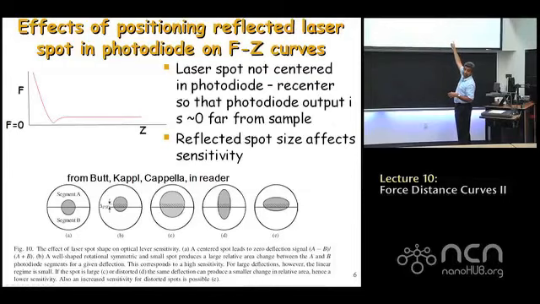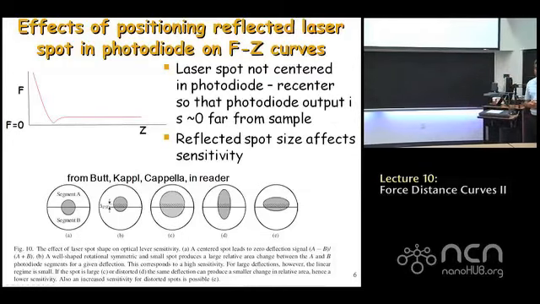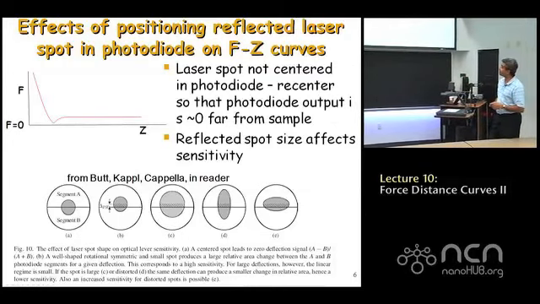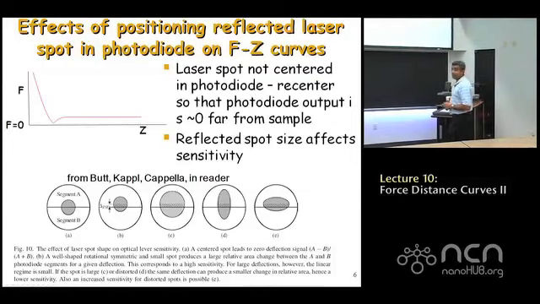However, if the same oblong shape were oriented horizontally, the same height would cause a much larger change in areas on top and bottom, and therefore would give a larger signal. So the positioning of the laser spot is sort of critical to improve the sensitivity of an FZ curve. Okay? Any questions on that?